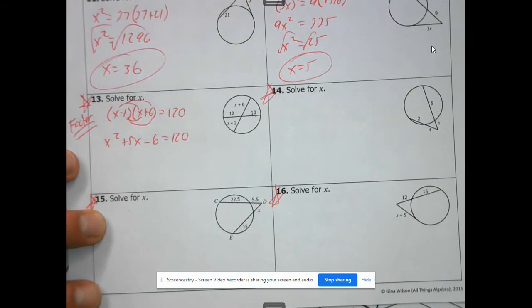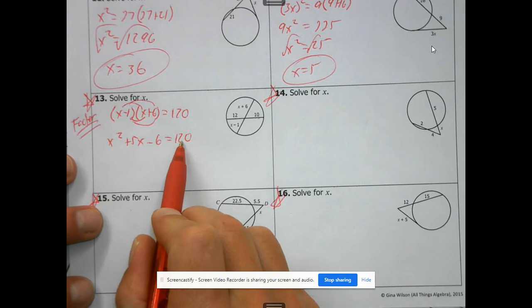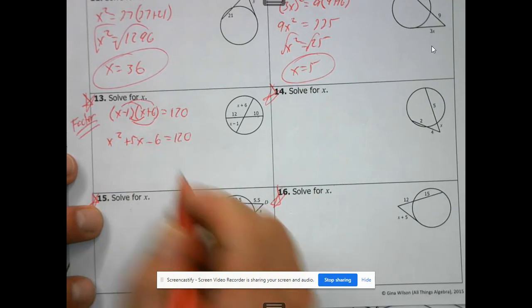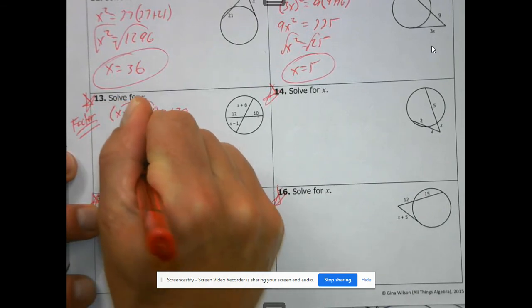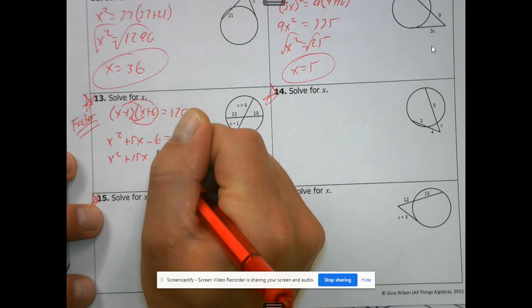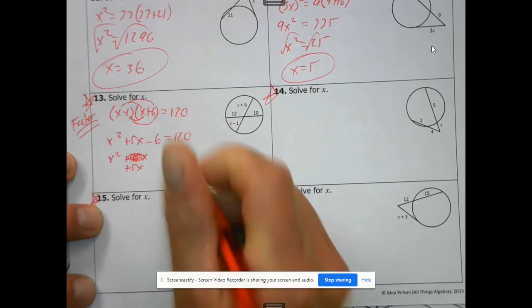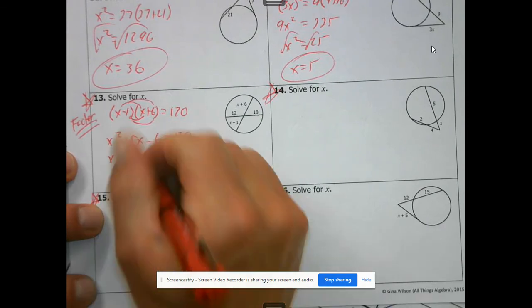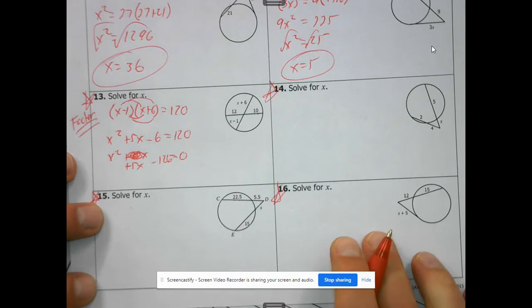Okay, now we have to solve this, right? So first, I subtract the 120 over: x squared plus 5x minus 126 equals 0, right?